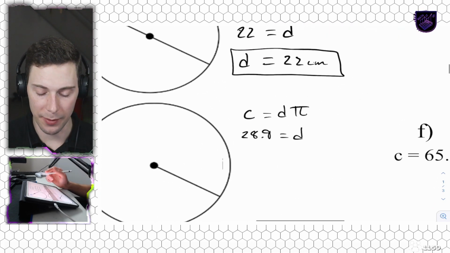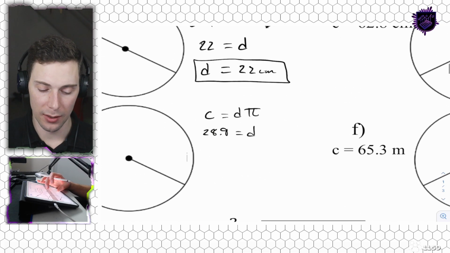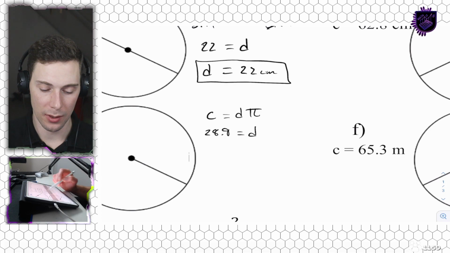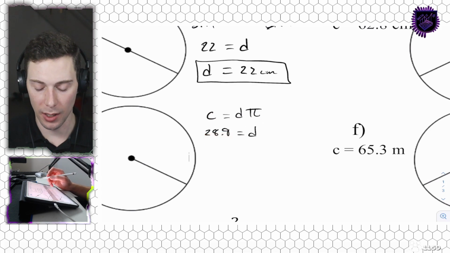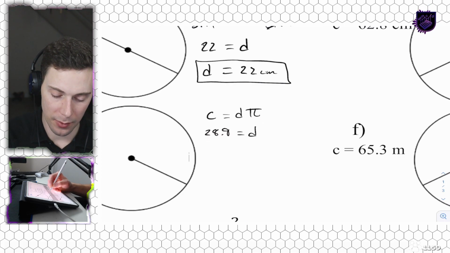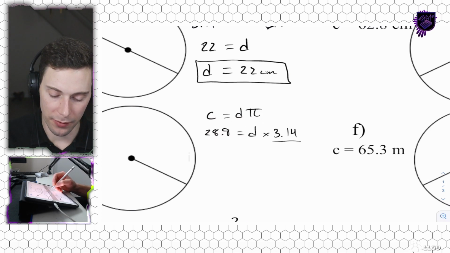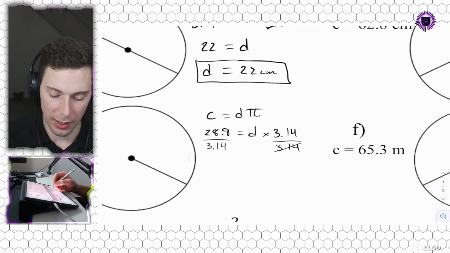Anyway, all right. Let's take a step back. Question 3E. Circumference is equal to diameter times pi. Our circumference is 28.9, diameter times 3.14. And so we want to divide by 3.14 on both sides, and that's going to cancel out.